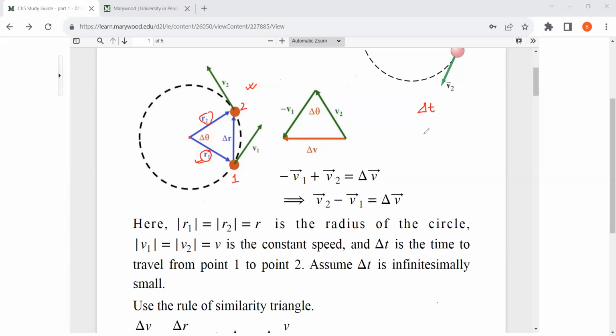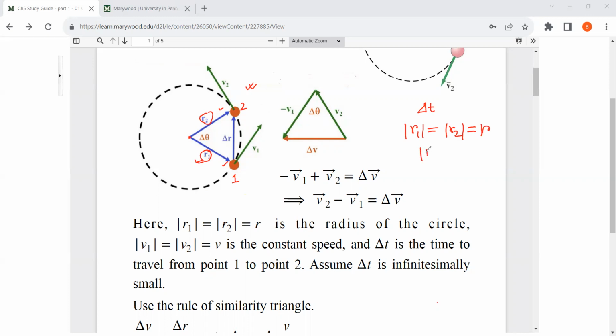You know that the magnitude of the radius of a circle is the same. Although the direction looks different, this direction and this direction, their magnitude will be the same. Let me call it |r1| = |r2| = r.